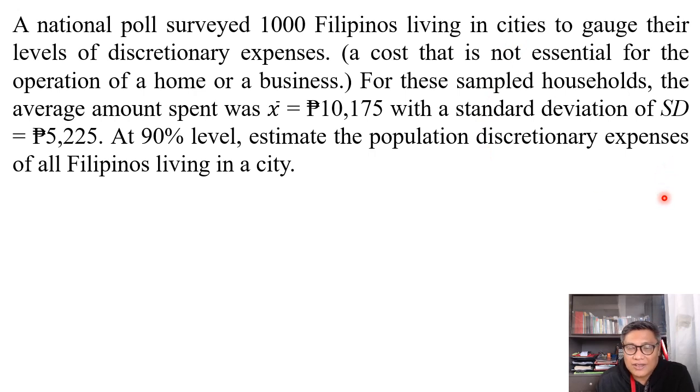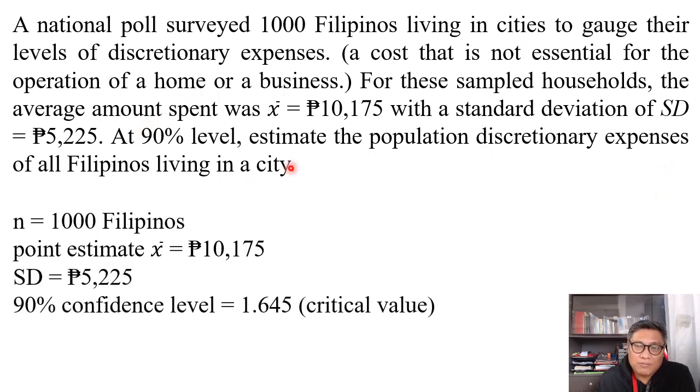Okay. So again, what are the data from the problem given? There is a sample size of 1,000 Filipinos. The point estimate is the sample mean of 10,175 as the discretionary expenses with a standard deviation of 5,225. And we are only asked to find a confidence interval based on 90% confidence.